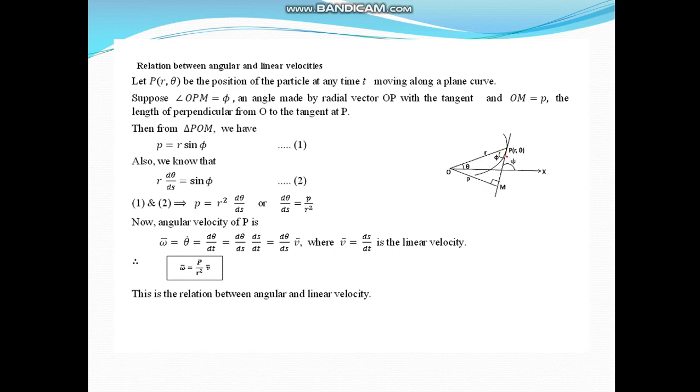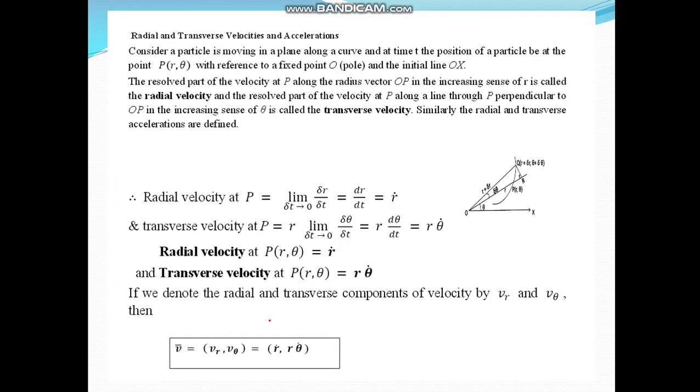Suppose this angle OPM is phi, the angle made by the radial vector OP with the tangent, and OM equal to p, the length of the perpendicular from O to the tangent at P. Then from the triangle we can find p equal to r sin phi. It is number 1. Also we know this required result, number 2. If you equate number 1 and number 2 and finally simplify, a result will come that omega equal to p by r square times v. This is the relation between angular and linear velocity.